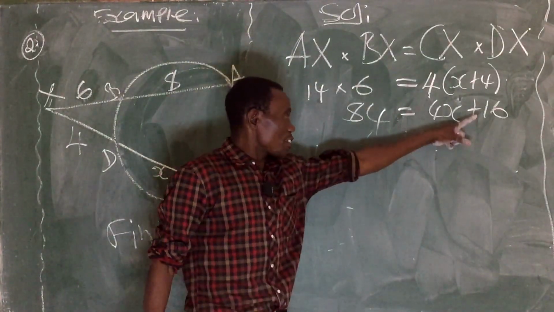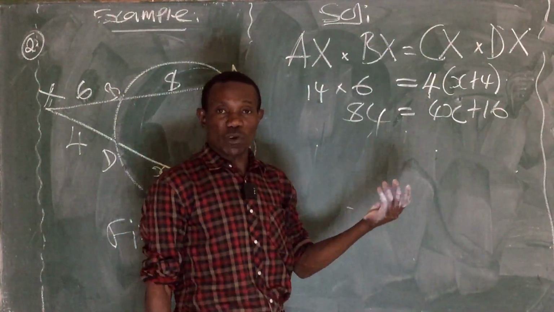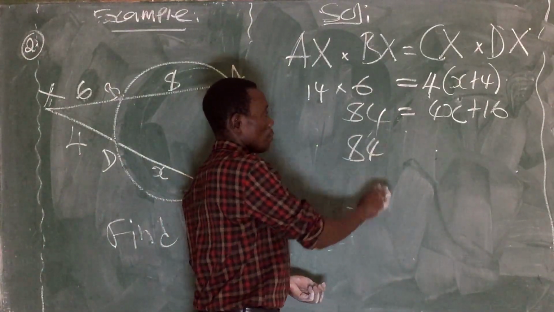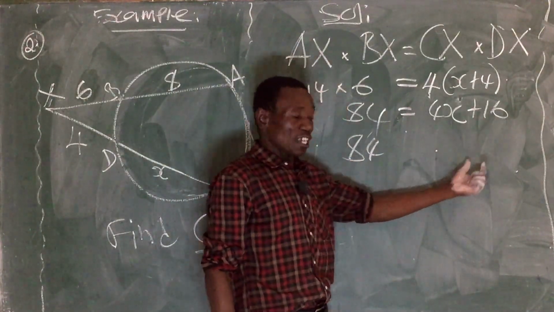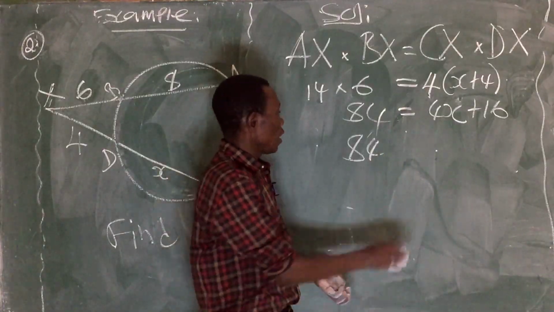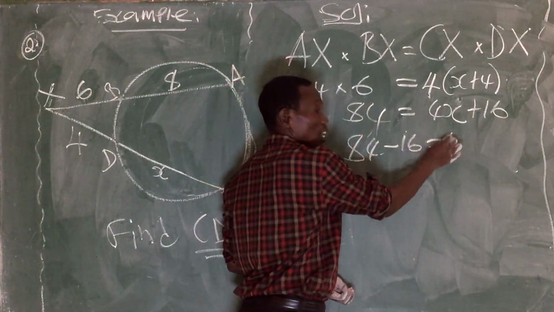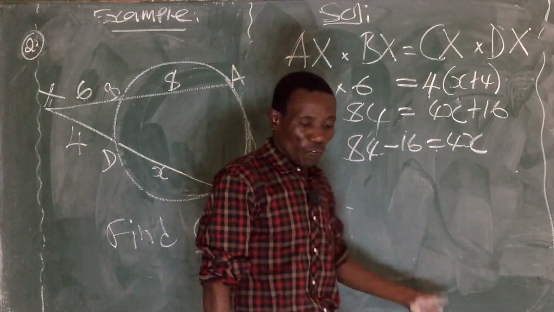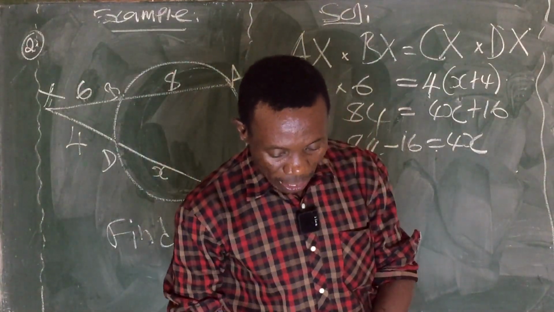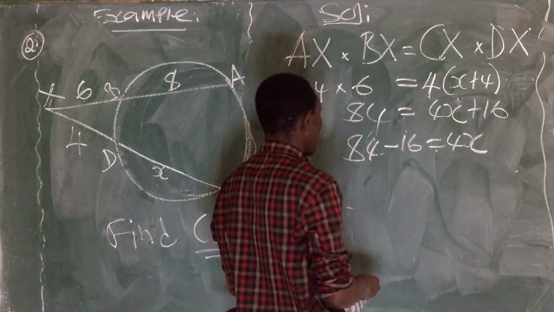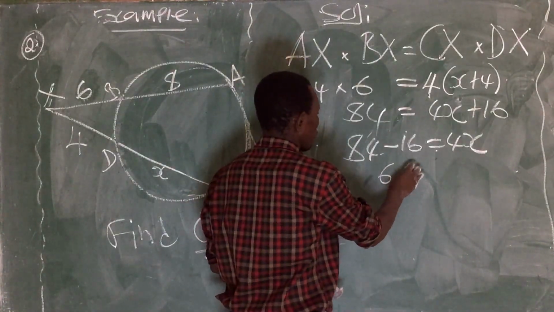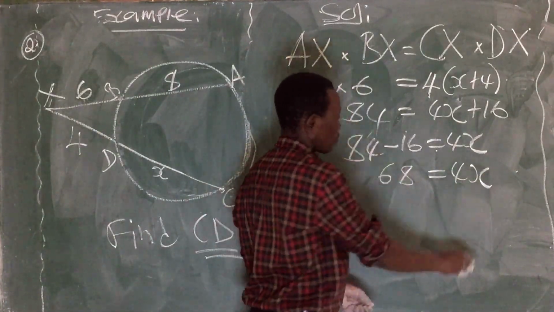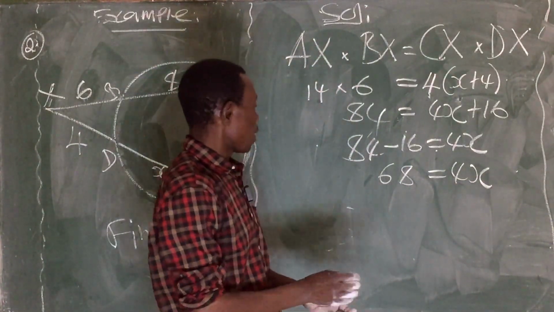So the 16 and the 4X must be on separate sides. 84, 16 transposed to the left-hand side, it will now be negative 16, and that is for X. So when you subtract 84 minus 16, that gives us what? 68. Right. So here we get 68, which is 4X. Just very simple mathematics.